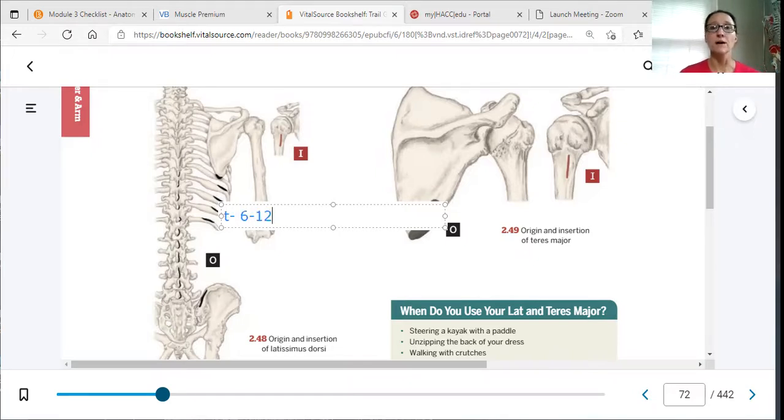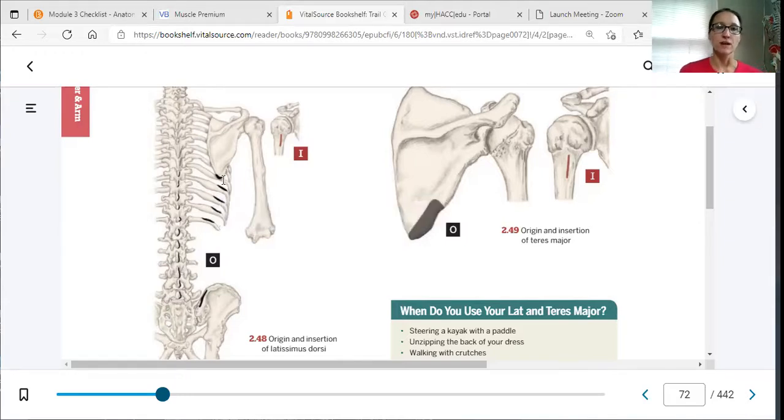Because remember, we're talking about thoracic vertebrae and they're all numbered. So if it's the last 6, it's going to be 6 through 12 because there are 12 of them. So again, if you're a visual learner, T6 through T12 or T6 to 12 is easier to visualize than last 6 thoracic vertebrae. The words are harder.